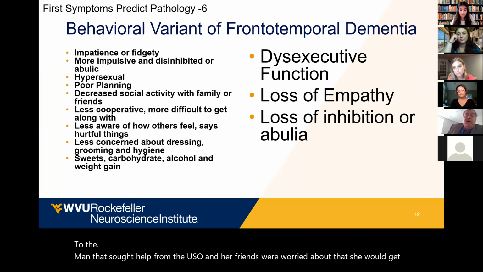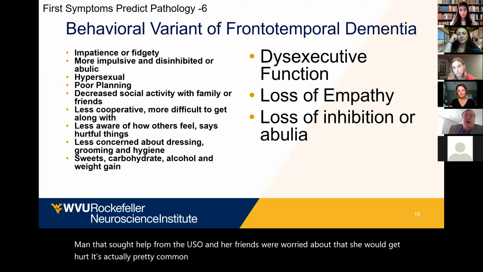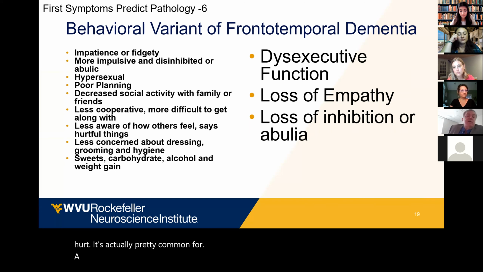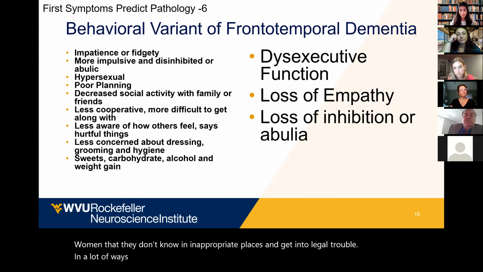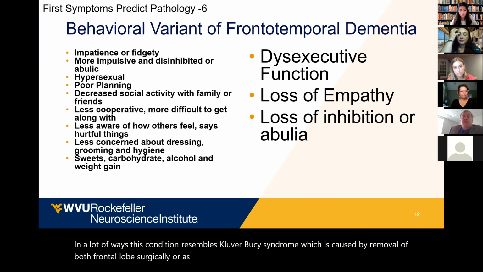It's actually pretty common for men with this condition to also touch women that they don't know in inappropriate places and get into legal trouble. In a lot of ways, this condition resembles Kluver-Bucy syndrome, which is caused by removal of both frontal lobes surgically or as a result of traumatic brain injury.